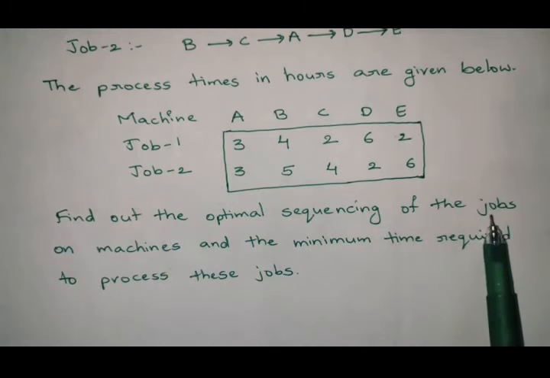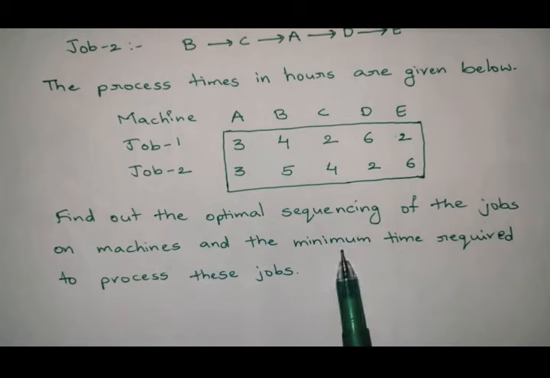Now we are asked to find the optimal sequencing of the jobs on machines. So we need to sequence the jobs, that is job shop sequencing, and find the minimum time required to process these jobs. As I already told you, we are going to use the graphical method, which is the best method to solve these problems.